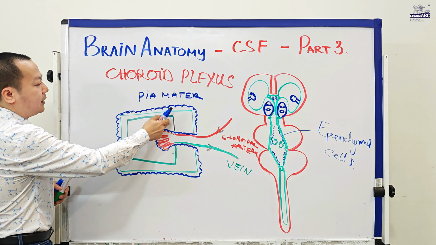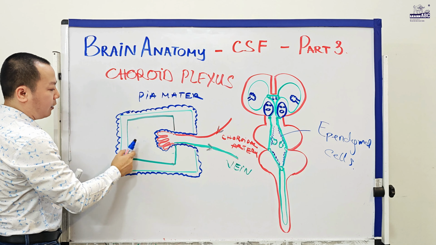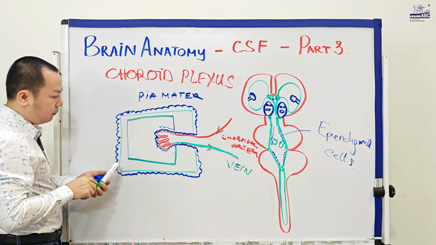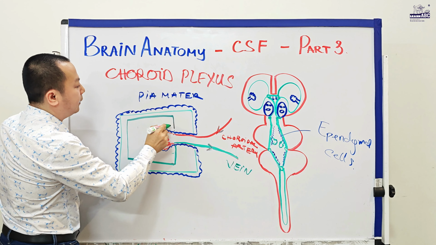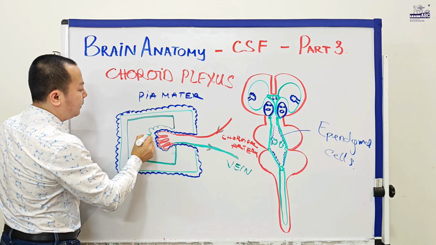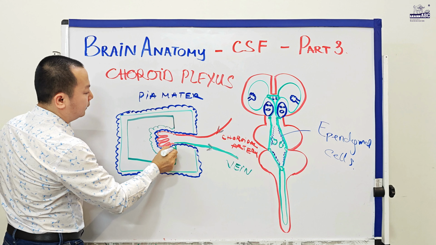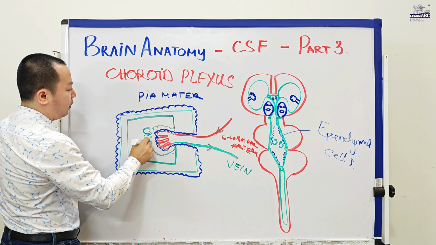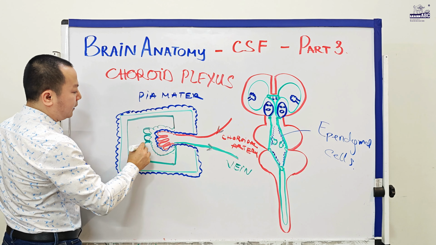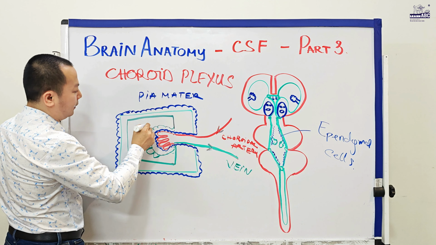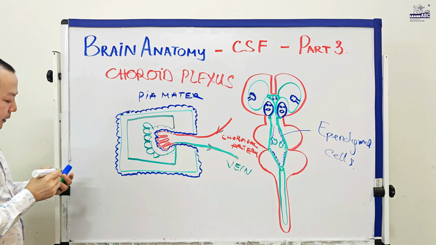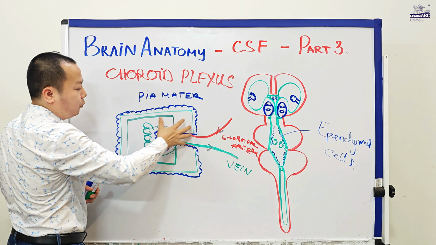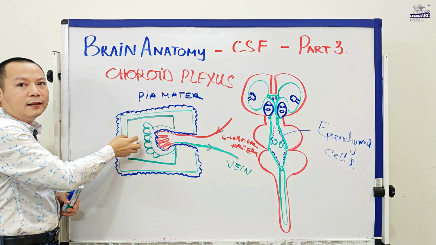So here is the ependymal cell surrounding. Let me use another color, then you can see. This is the ependymal cell here, right? I will draw the cell on the surface. The shape of the cell looks like this. And now here is the cavity where the choroid plexus will make or secrete the CSF.